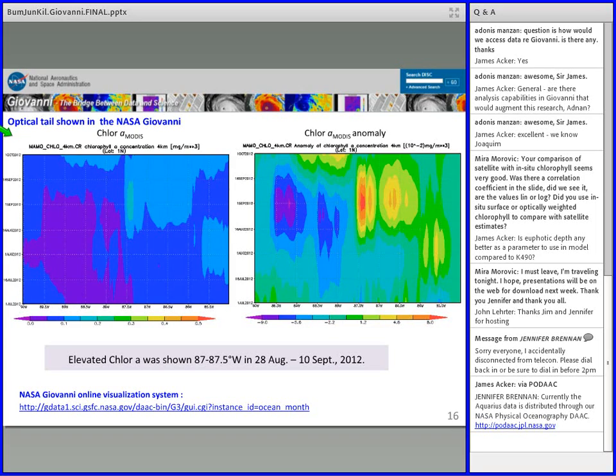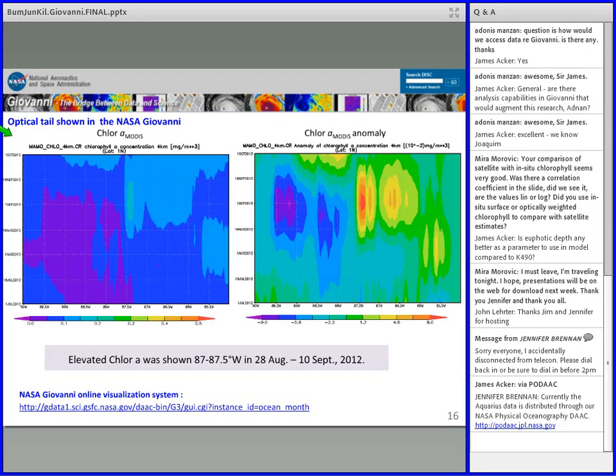So by using the Aquarius data set also, we can see the salinity features using the Giovanni system. So it is a good attempt to see sea surface salinity changes using Giovanni, and then we can find more significant features as progress. So it is good to reduce the time-consuming work. So it is a good system.